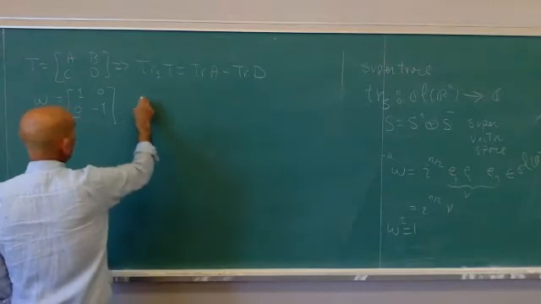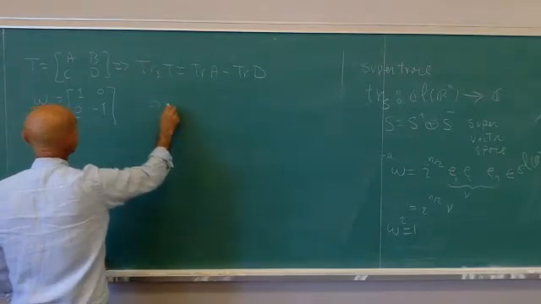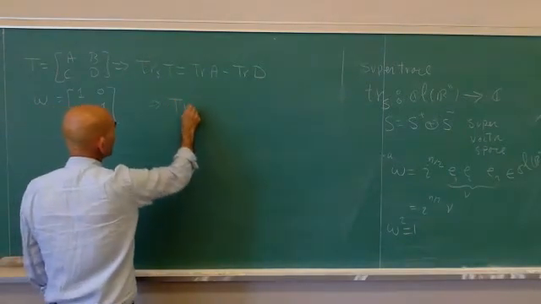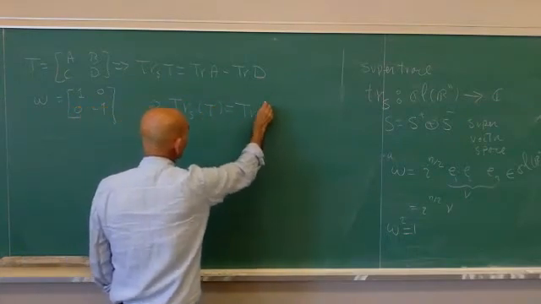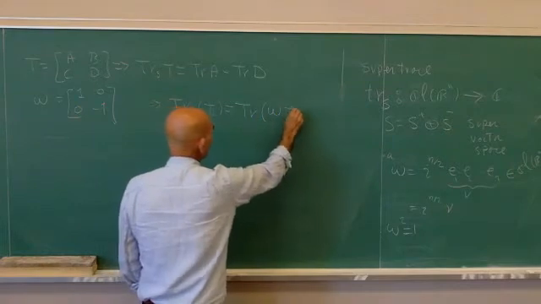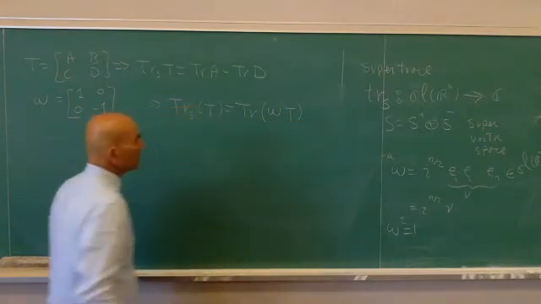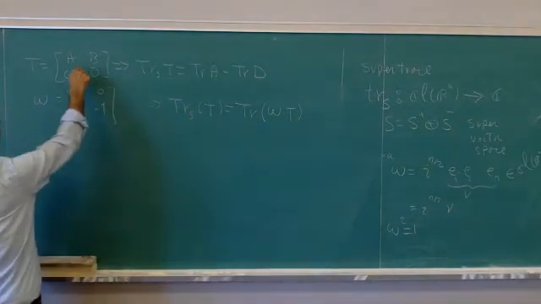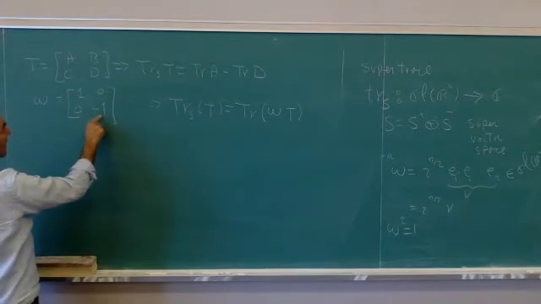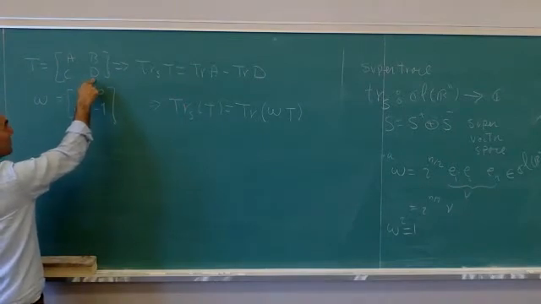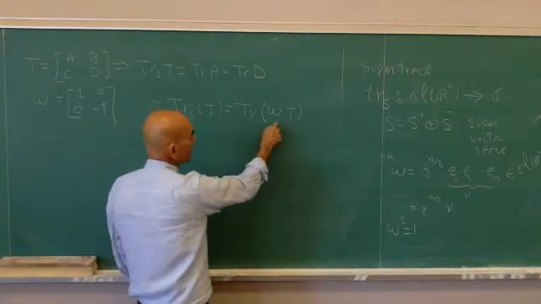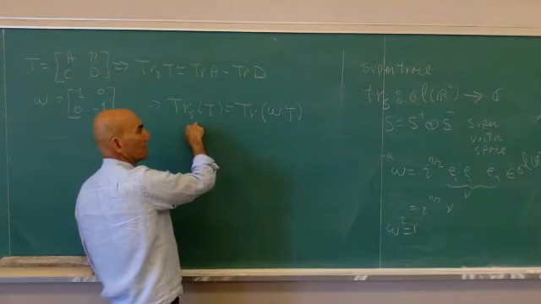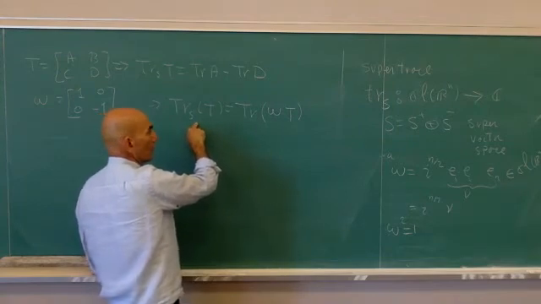So the two things together show that the supertrace of T is nothing but the standard trace of omega T. You see, if you multiply this by this, the effect is changing D to minus D, and you take the usual trace, and you have got the supertrace.